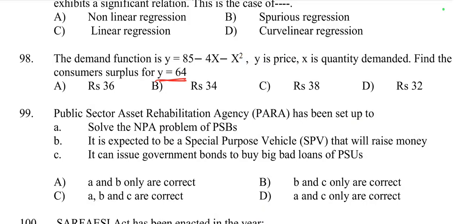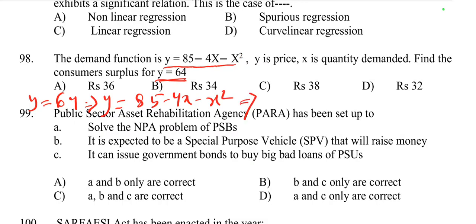If we substitute the value of y is equal to 64 in the equation y is equal to 85 minus 4x minus x square, so we substitute the value of y here. So 64 is equal to 85 minus 4x minus x square.